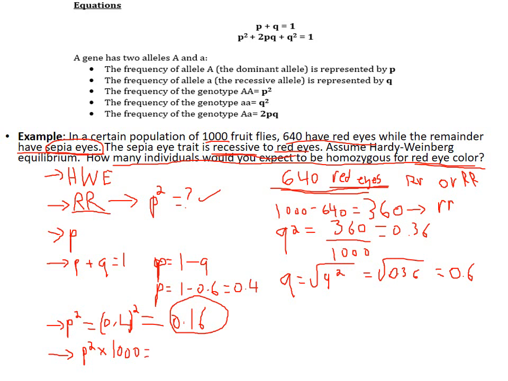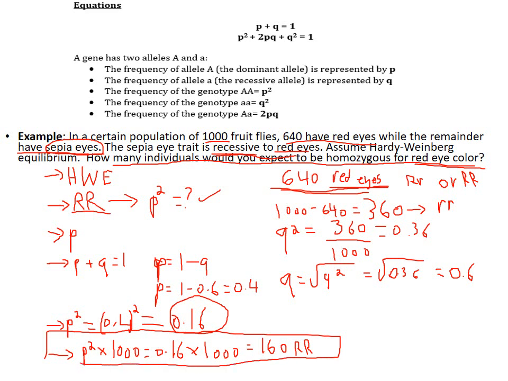And that's going to be 0.16 times 1,000, and that would be 160 individuals that are big R, big R. And so this over here is my final answer.